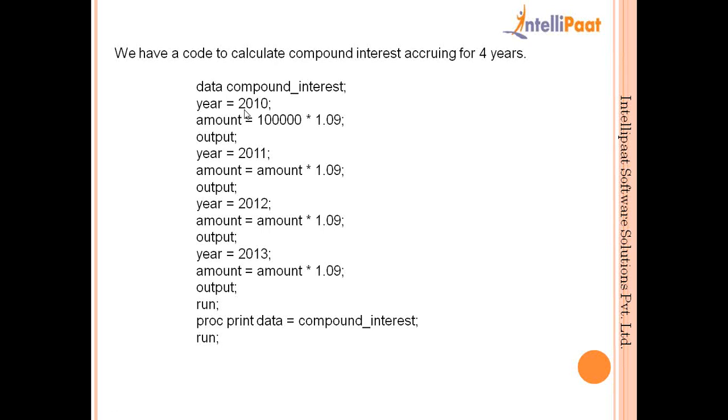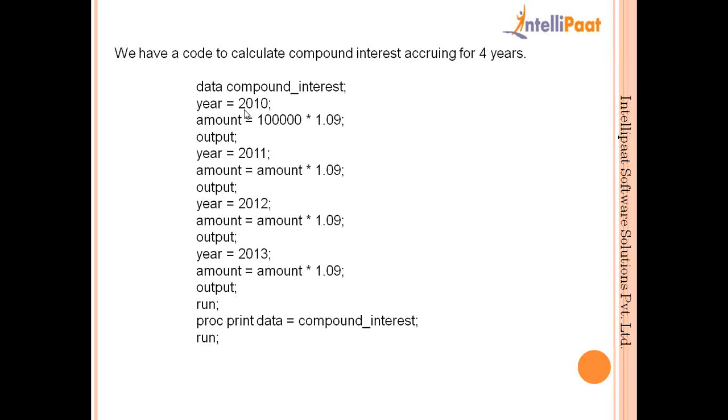The condition we have just used was for year 2010. For year 2011, we have taken the same amount and we are multiplying with the rate. Then the same for year 2012 and year 2013. You can see we have repeated the same calculation across these three years.